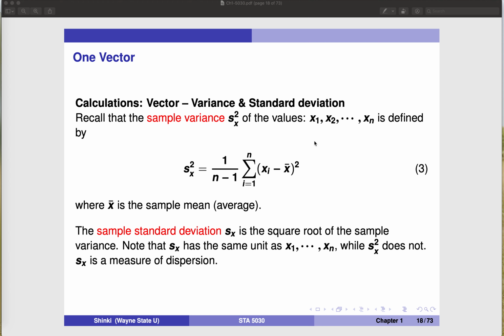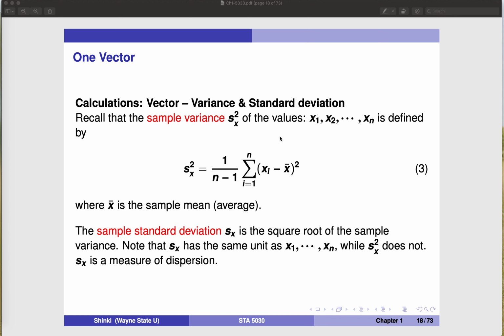To define that, we replace one of the parentheses by yi minus y bar. So to get the smooth extension of variance, we take the square here. If this is a cube or fourth power, it doesn't work in that easy way. So that's the reason why we define S sub x square as this.